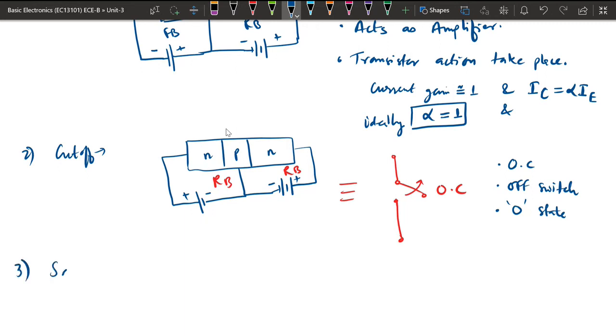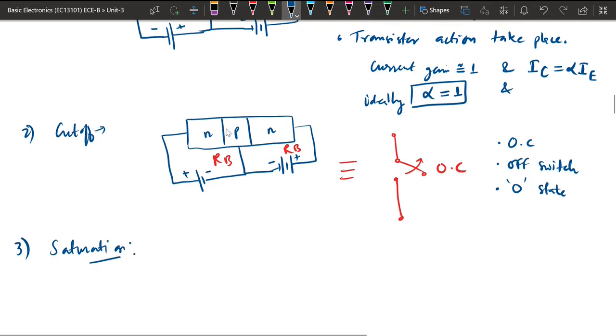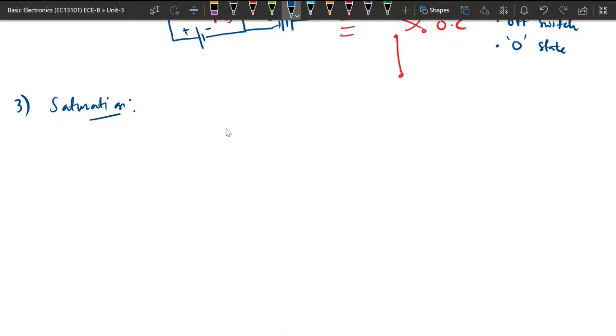Next is the third case, that is saturation. In saturation we have the transistor with both the junctions forward biased. Suppose this is NPN.